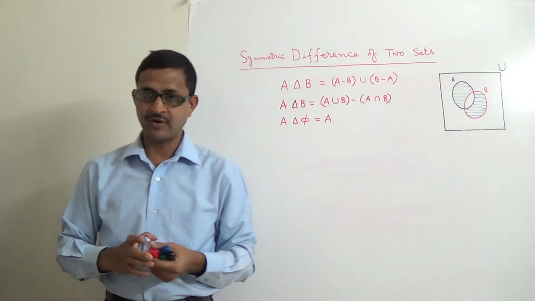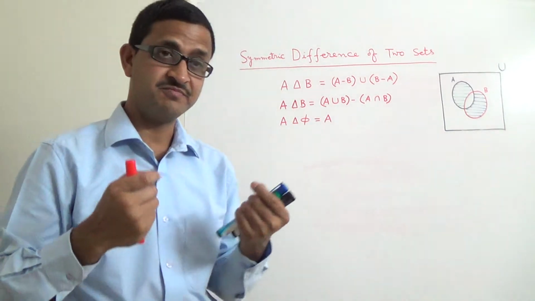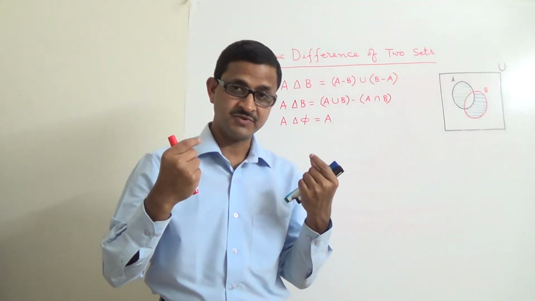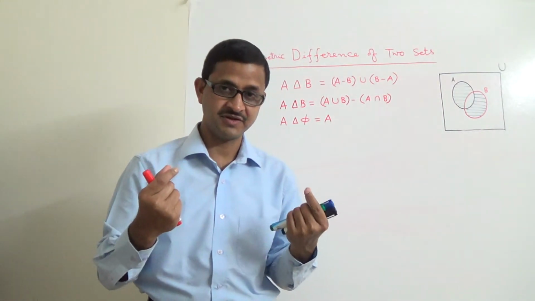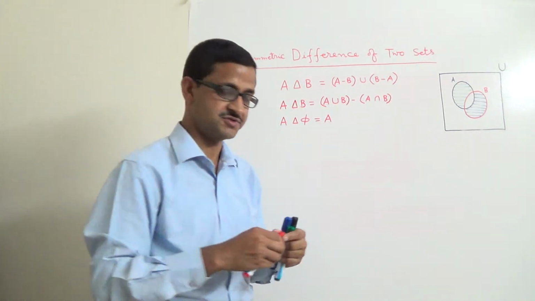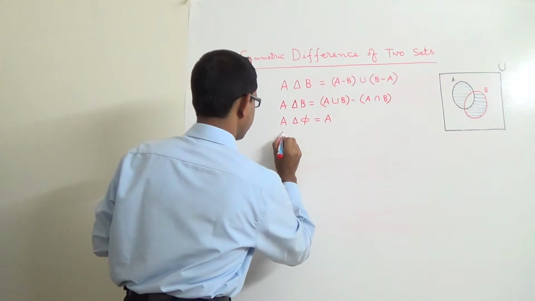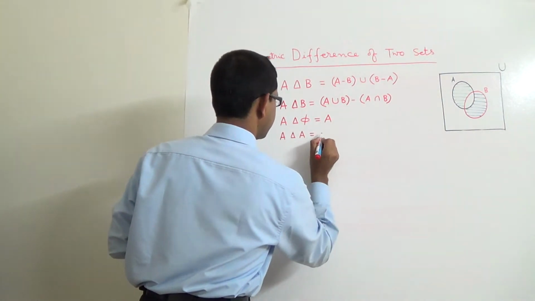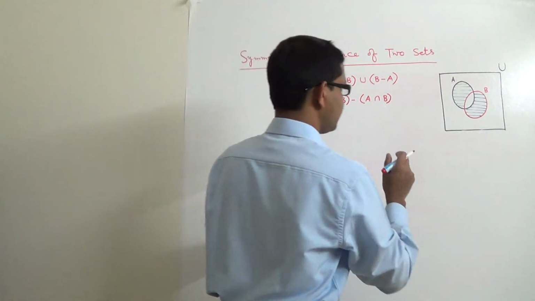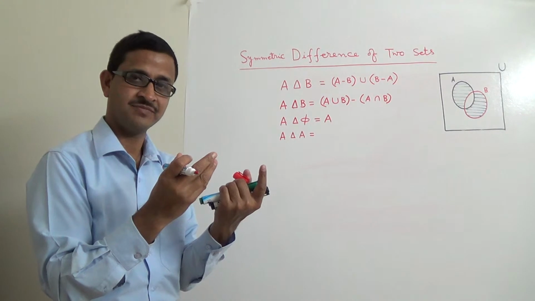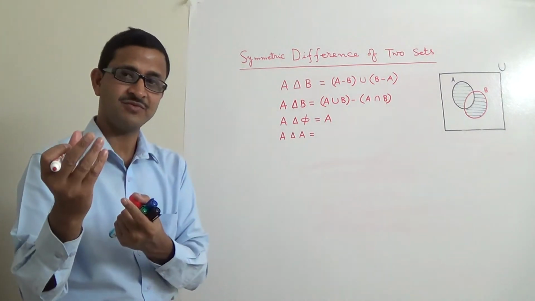Then what is the symmetric difference between two sets where both the sets are equal? The other way I can say, the symmetric difference on the same set. That means A symmetric difference A is nothing but the empty set, because if we consider A and A, A minus A is phi and union A minus A equal to phi.